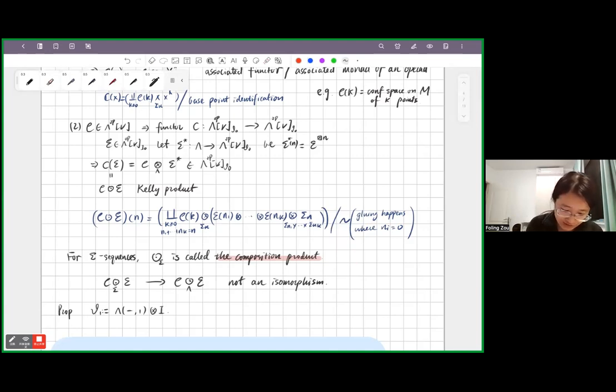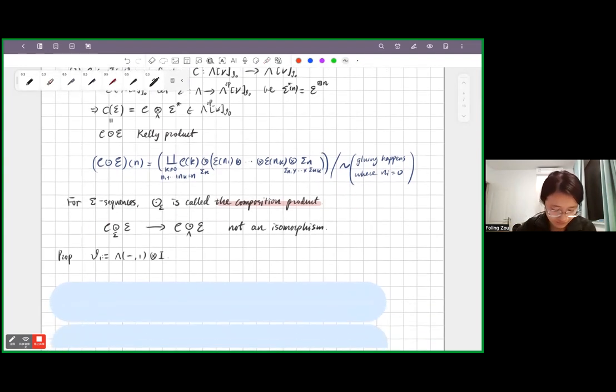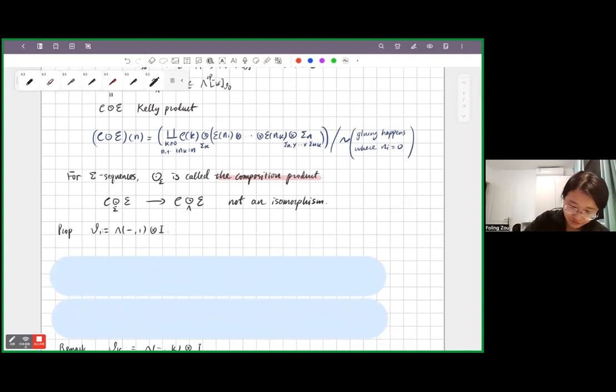But if we want to do it with lambda, we have to do this gluing, and we will see that this map, if we do composition product versus if we do Kelly product in lambda sequence, is now not an isomorphism compared to the case of deconvolution. This is different. And the unit for this monoidal structure is I1, so it's represented by 1.